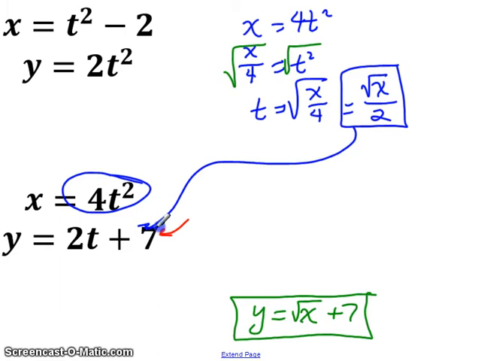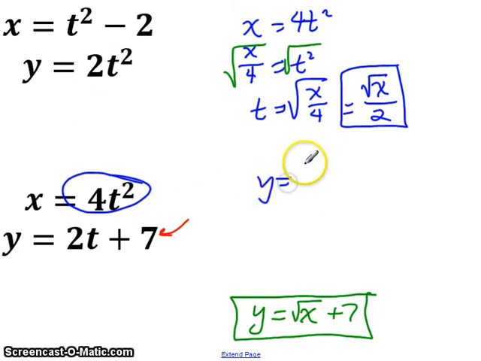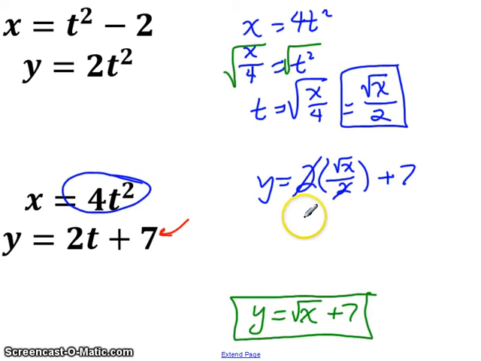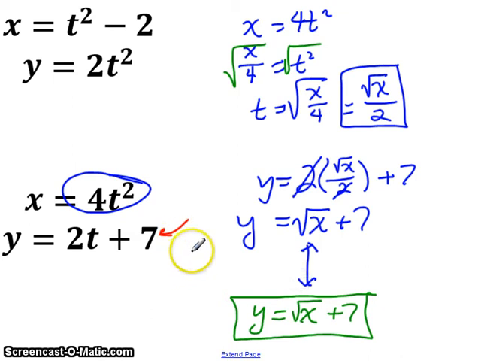We will now plug that into this equation. y equals 2 times the square root of x, over 2, plus 7. And again, the 2 out here and the 2 in the denominator reduce down to 1. We get y equals the square root of x plus 7, which of course is exactly the same as what we got last time.